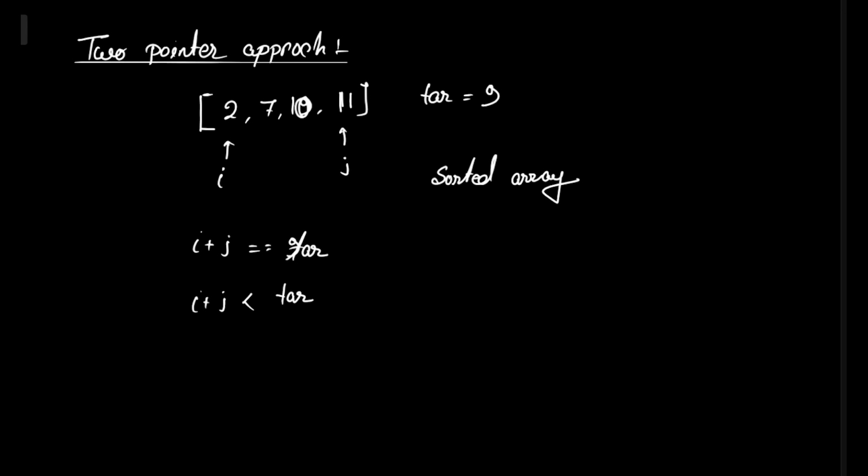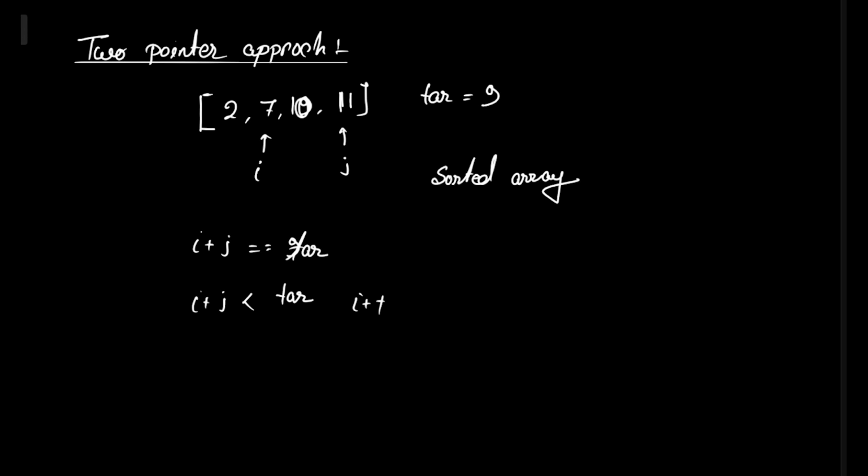So using two pointers, if i plus j is less than target, then to get a greater value toward this target, I will just shift the i, i plus plus.